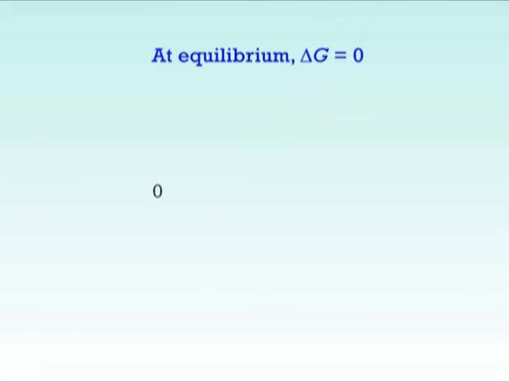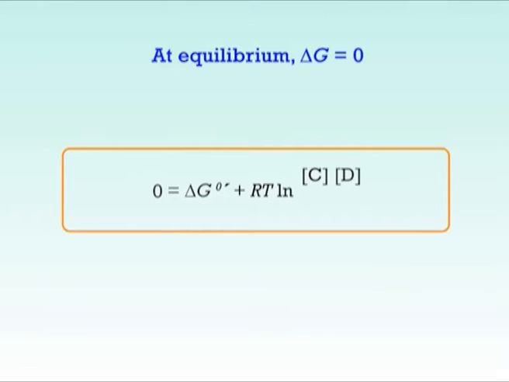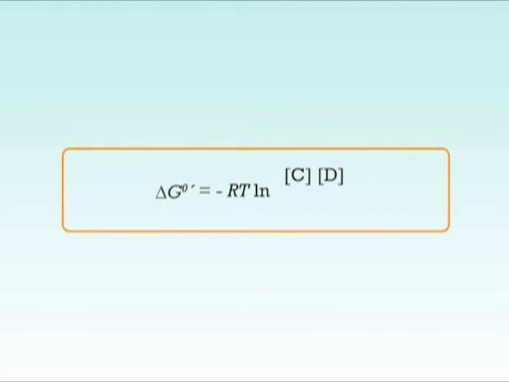Equation 1 then becomes 0 equals delta G naught prime plus RT ln [C][D] divided by [A][B]. And so, delta G naught prime equals minus RT ln [C][D] divided by [A][B].